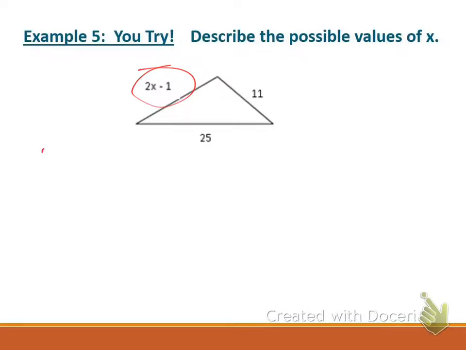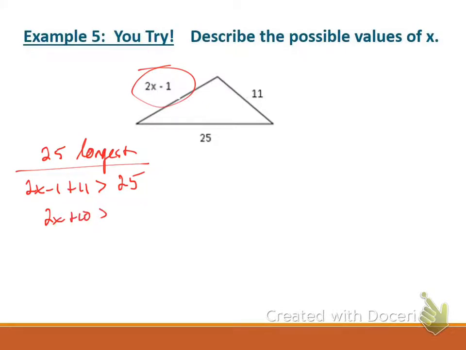Well, again, there's going to be a situation where 25 is the longest, and if 25 is the longest, then we have to be able to take 2x minus 1, add 11 to it, and that's got to be bigger than 25. So we get 2x plus 10, subtract 10, divide by 2, so x has to at least be bigger than 7.5.